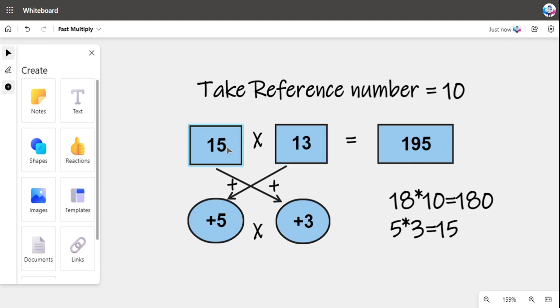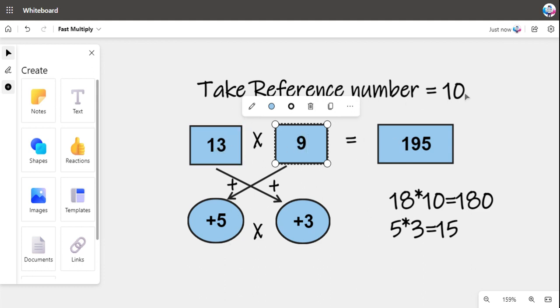Next you may ask, what if one of the two numbers is greater than 10 and the other is smaller than 10? I am going to show you an example for that as well. I take 13 and 9.